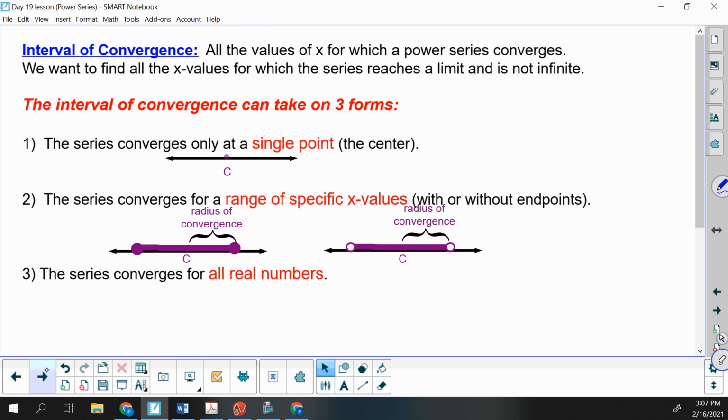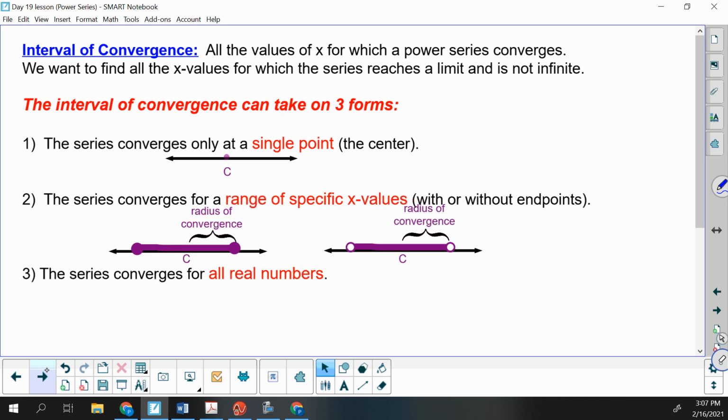So again, our interval of convergence, it's a span of values where the power series will converge to the function. And there's 3 things that could occur in our interval of convergence. It could be just a single point at the center, because your series will always match the original function at the center.